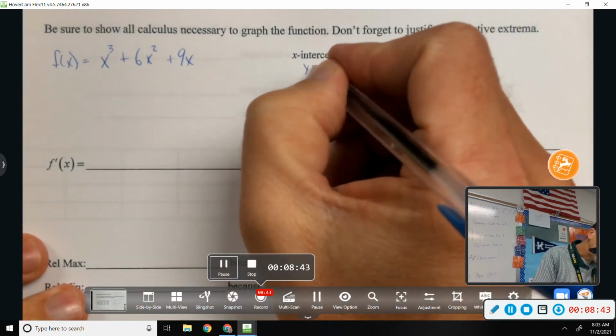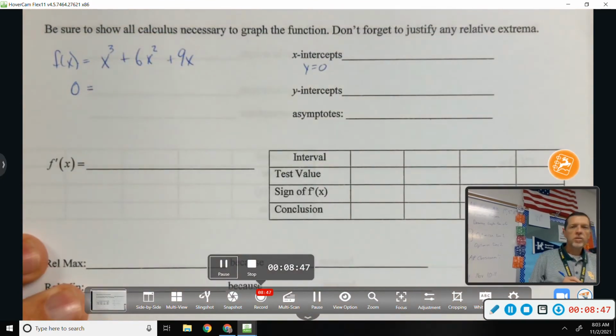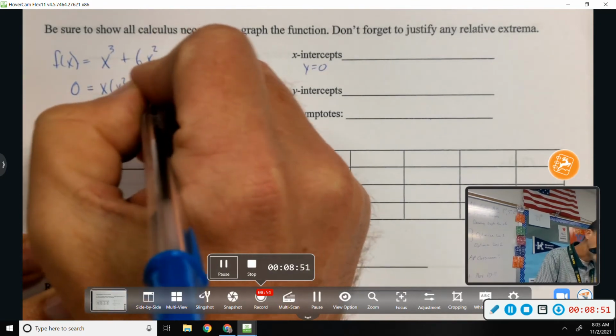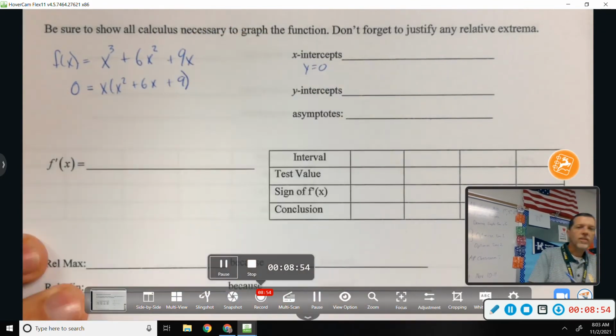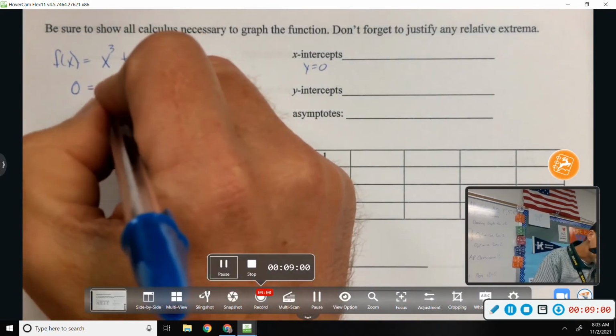X-intercepts, that would be where y equals 0. So I'm going to try to race through the algebra stuff because we all know algebra really well. Let's factor out an x. Then I can factor what's left.